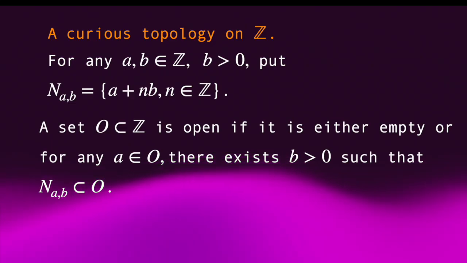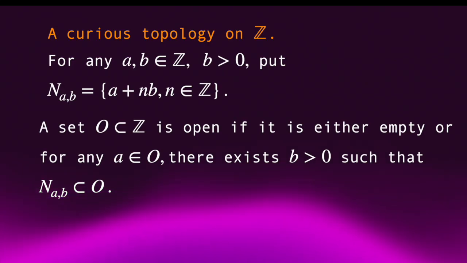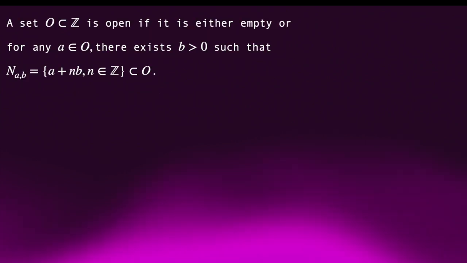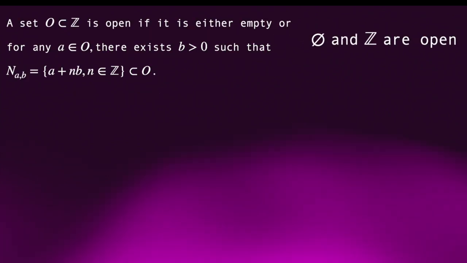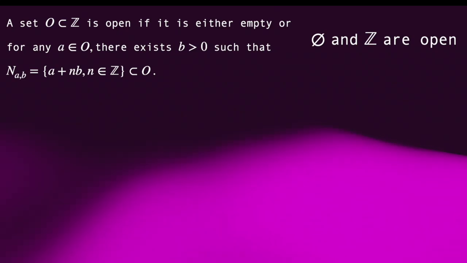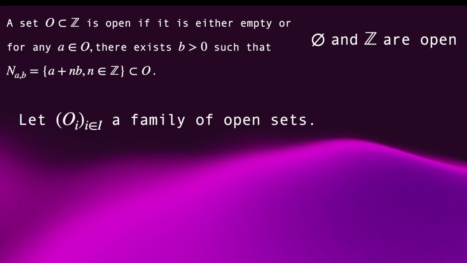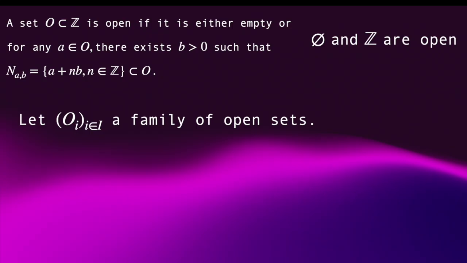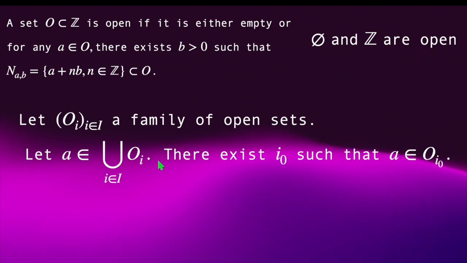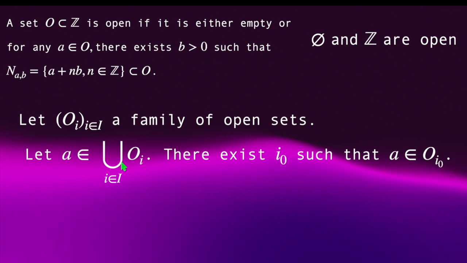So now we will show that this actually defines a topology on Z. We start by remarking that the empty set and Z are open, and we consider a family of open sets with this definition, and we will show that their union is also an open set. So we take an element A in this union.